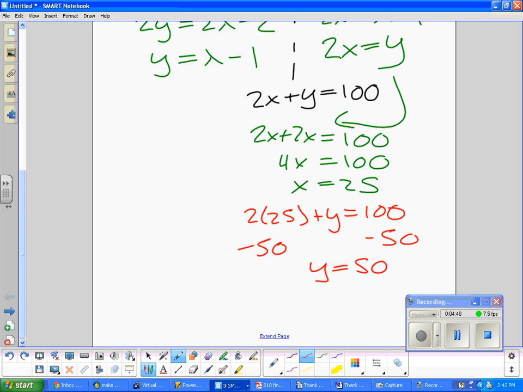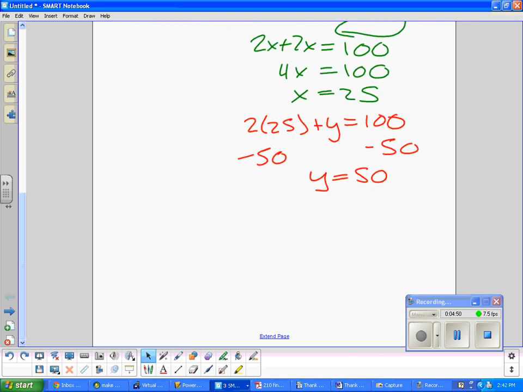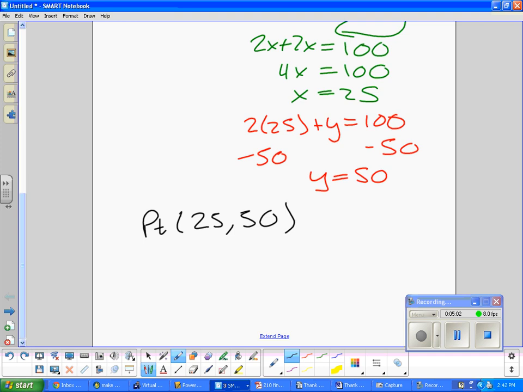So this is a critical point, 25 comma 50. Now, we're supposed to maximize it, and since there are no other critical points that we see, we could assume that it's a maximum, but we have a way to test it. We can test the points near it to determine whether it's a max or a min.